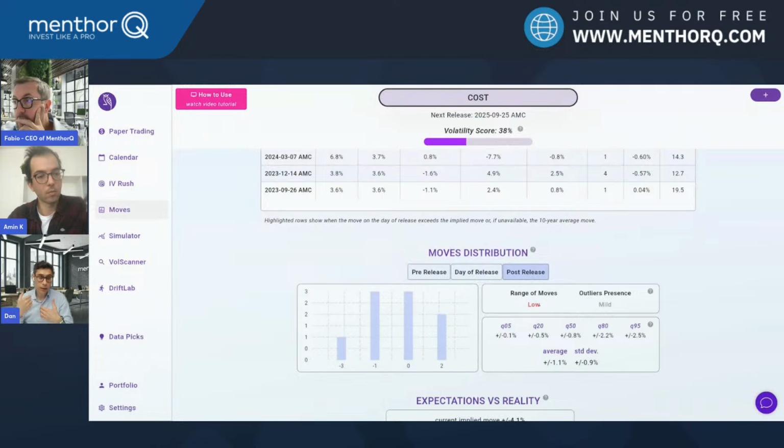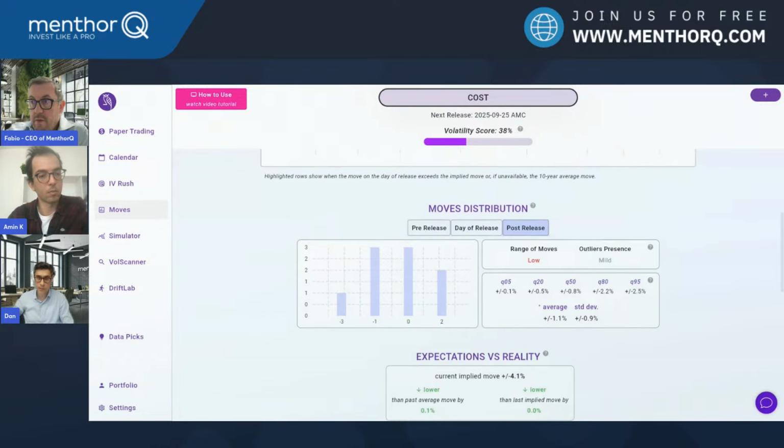Then you know from statistics that normally this would stay there. And MenthorQ and the levels we saw support this, because if we breach the call side, it's very hard for the stock to go down, because market makers have to buy into this rally and the market repositions itself.